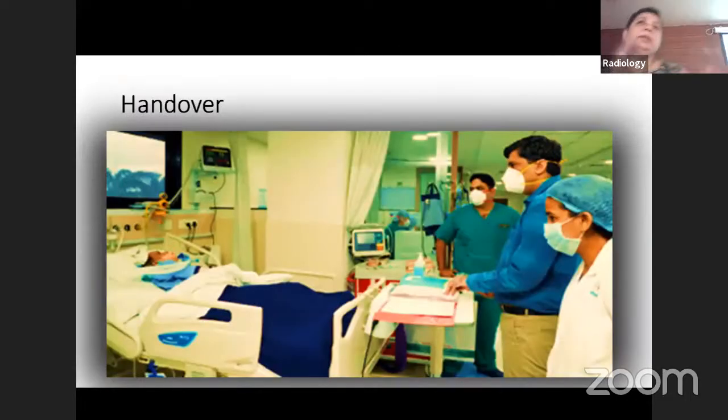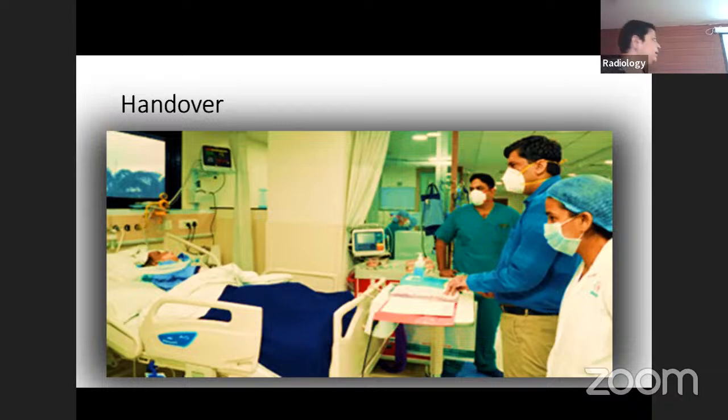Then we looked at individual separate scenarios where teaching or facilitation is lacking and it has to happen. One is handover. This is one of the key skills, right? It's one of the key times in our ICU.